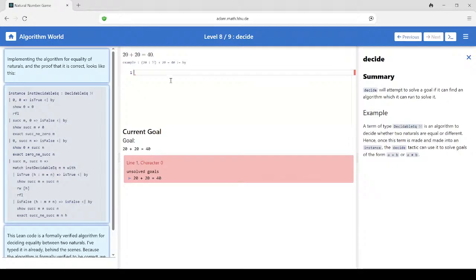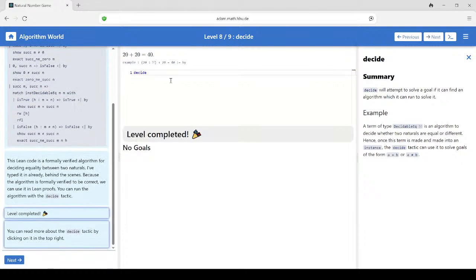Oh wait, so am I just... Oh, that's it. It automatically picks the correct algorithm. You can read more about the decide tactic by clicking, yep, that's what I did. DecidableEq.